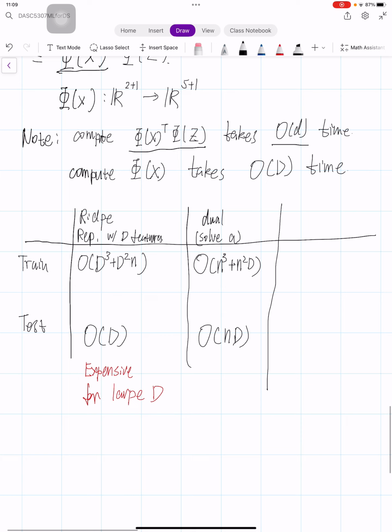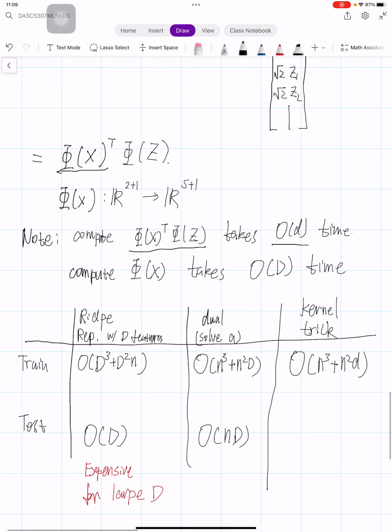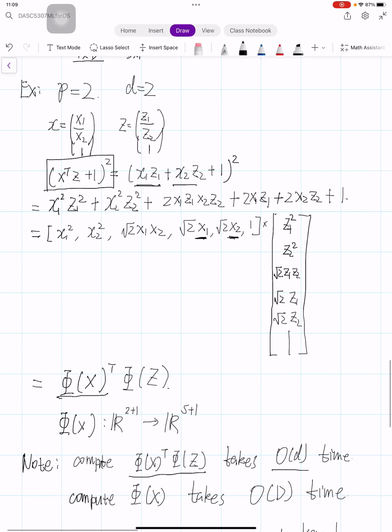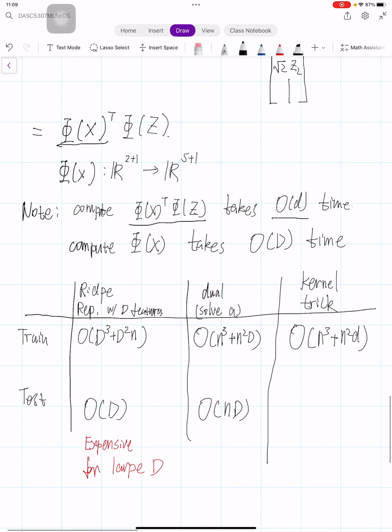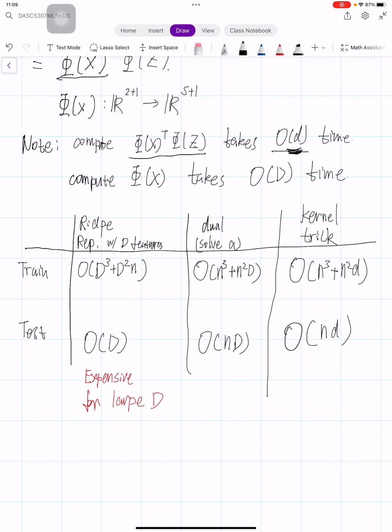Now if we apply the kernel trick, it takes about N cubed plus N squared times small d, because this only takes d time. So applying the kernel trick simplifies the calculation a lot and saves time.